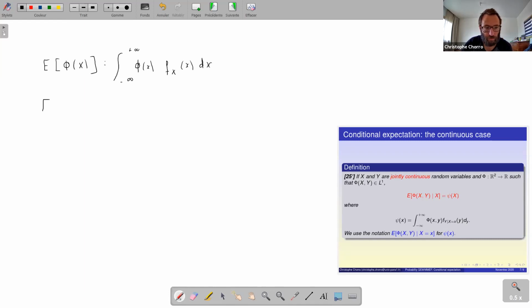If you want to compute the expectation of a function of X, Y, when X, Y has a joint density function, so when X and Y are jointly continuous, here I have a double integral to compute.